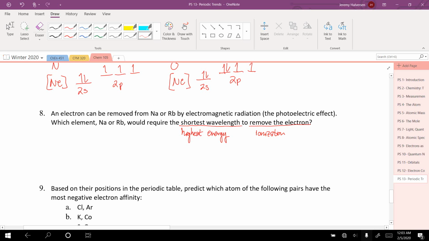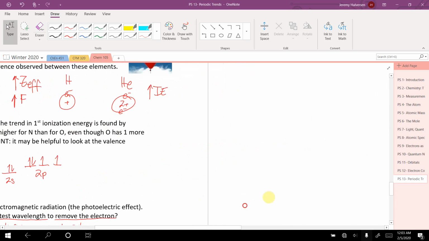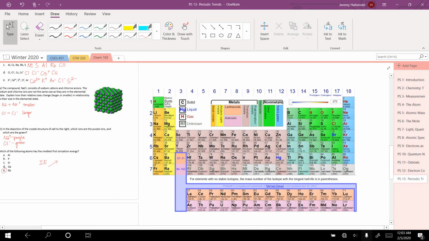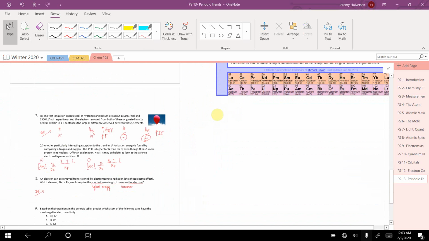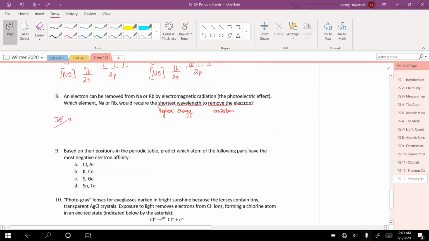Highest ionization energy is really what this question is asking. Well, ionization energy increases up and to the right. So if I'm comparing sodium and rubidium, sodium's definitely going to have a higher ionization energy because it's further up on the periodic table. As a result, I would say that sodium would require the shorter wavelength because it has a higher ionization energy.